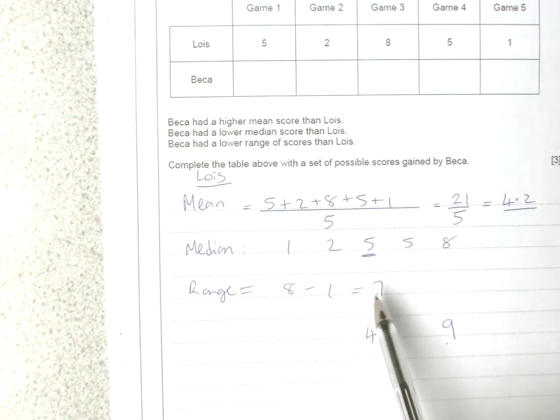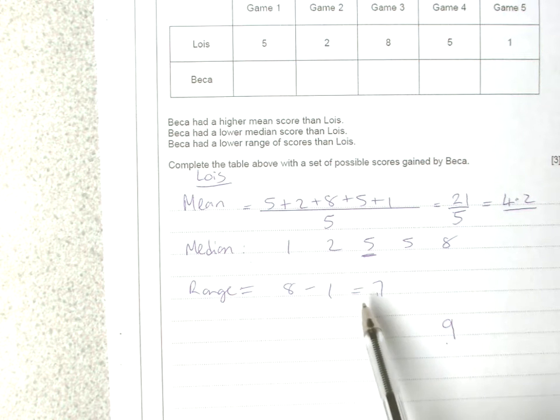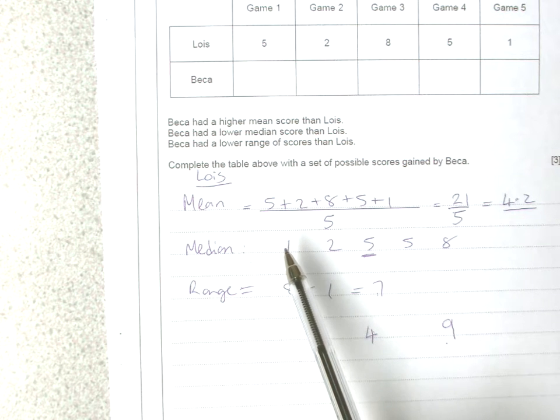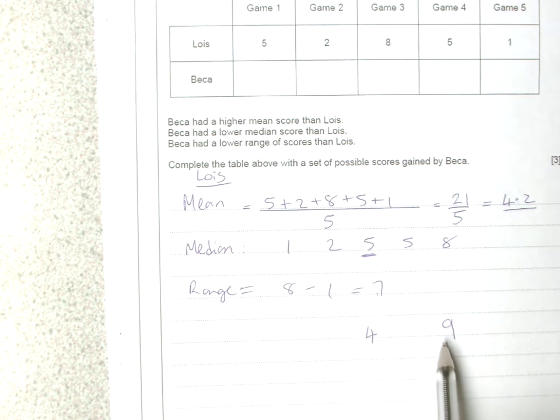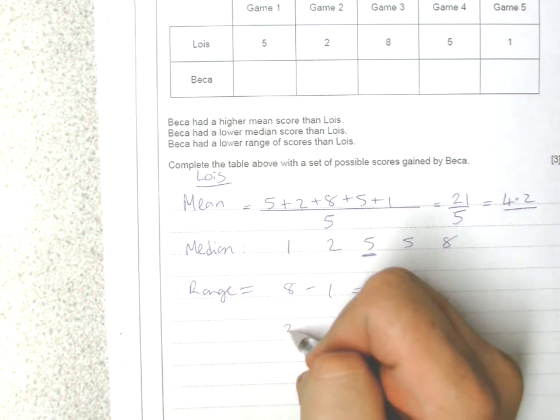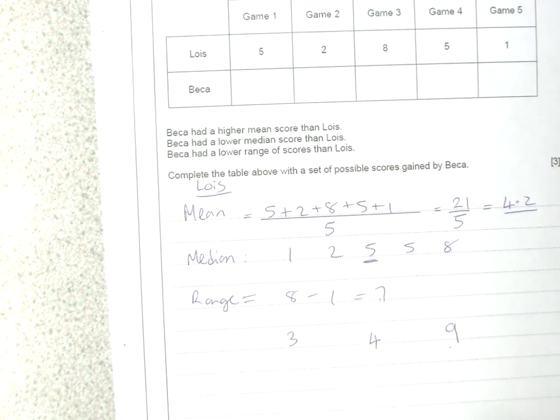Yeah, it'd have to be 6 or even less than that. But if we go for 6, well, the highest value is 9, so if the gap from the lowest to the highest is 6, the lowest value then would have to be 3, wouldn't it, if you think about it? That range there is 6, so that's what we're going to have.